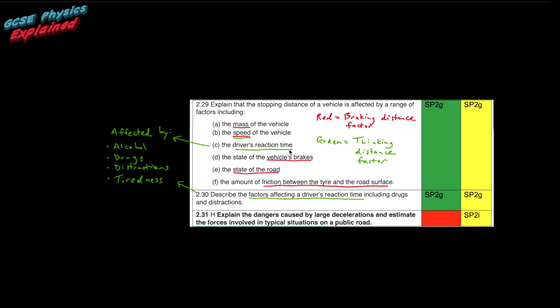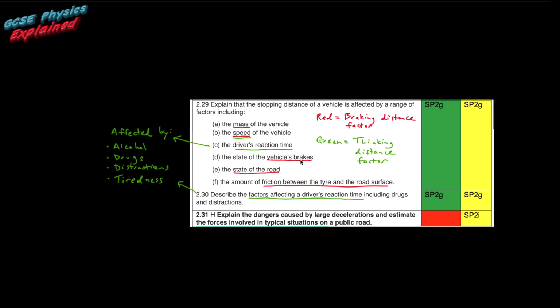The driver's reaction time is affected by alcohol, drugs, distractions, or if you're tired. That's going to make your usual quarter of a second reaction time longer, maybe half a second or three quarters of a second. So that means you'll travel further in that time.